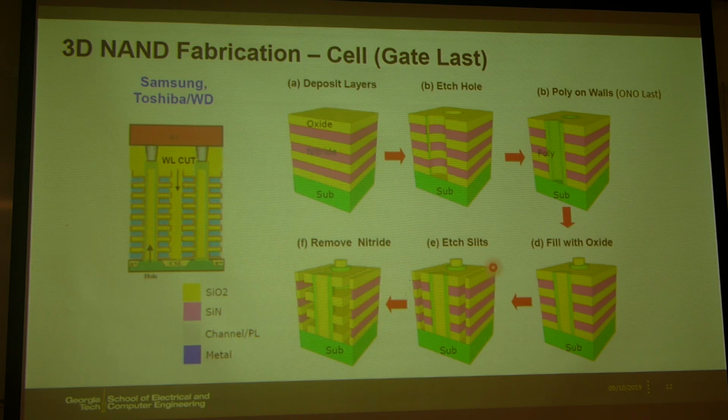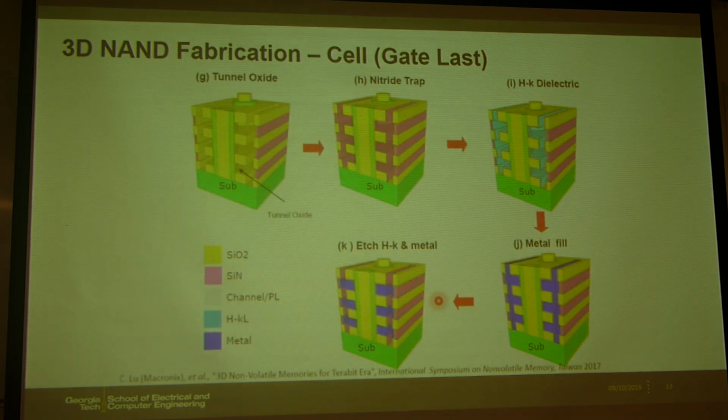And then this long line-shaped slit is etched. And then we use a wet etch process to remove the nitride, the pink color nitride. We remove the whole nitride here. And then tunnel oxide is deposited. And then next is the nitride trap layer, which is later used as the charge storage.